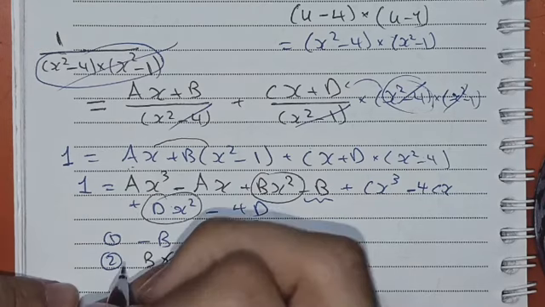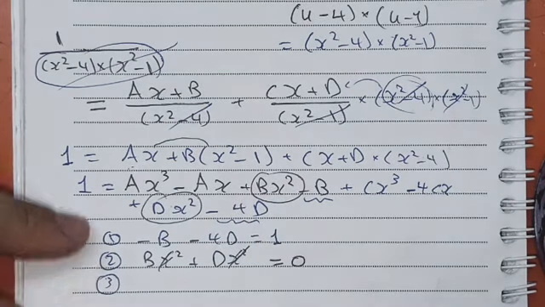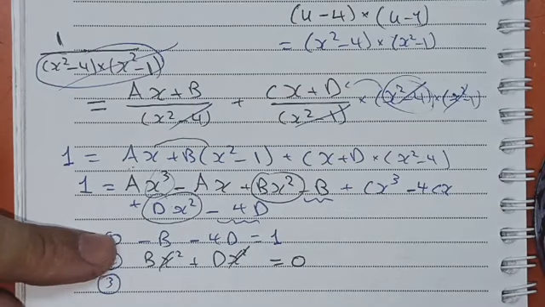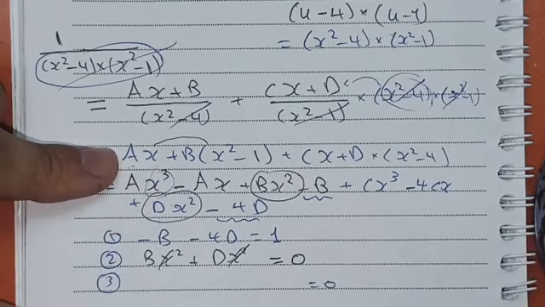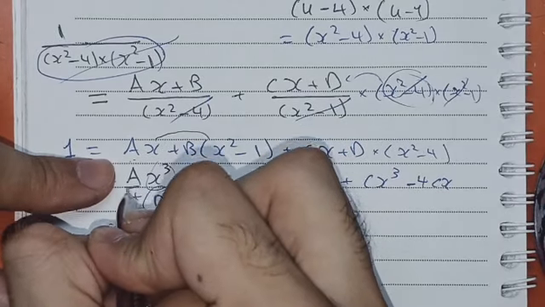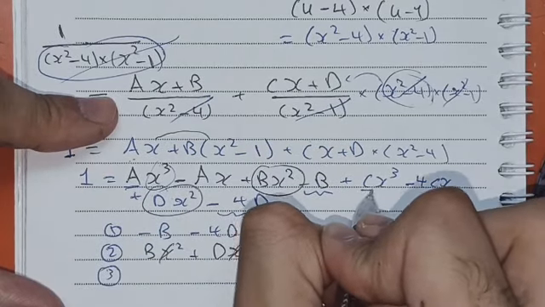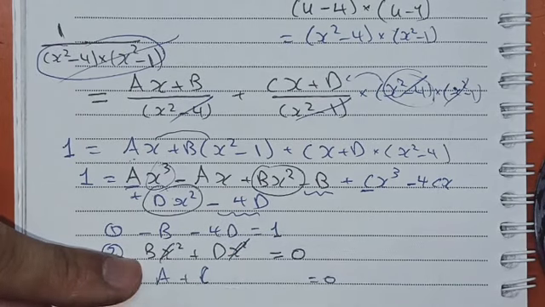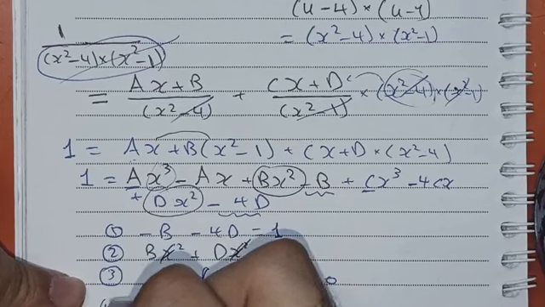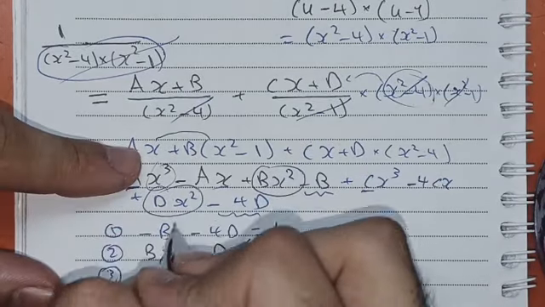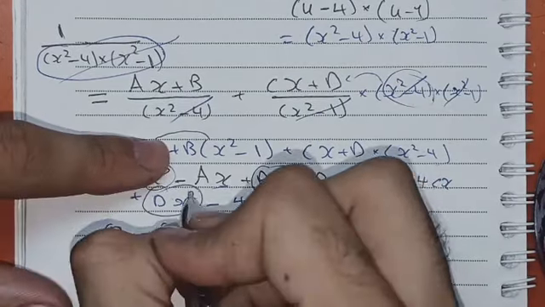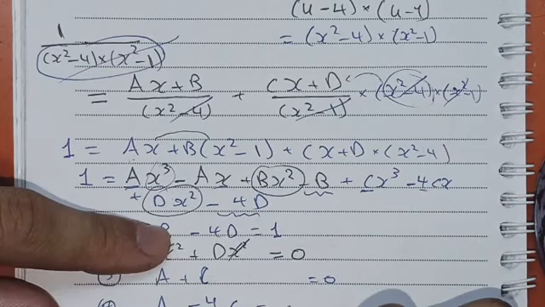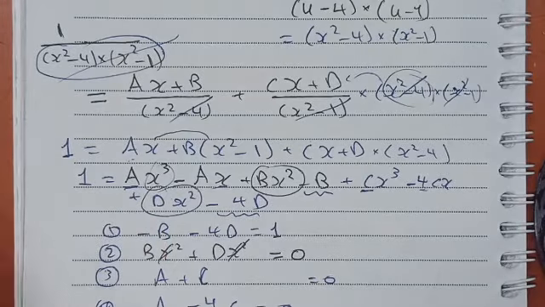And the third equation, I can take the x³ coefficient, which will be equal to 0, and we have a plus c equal to 0, and lastly we have the x coefficient, which will be negative a minus 4c, also equal to 0.